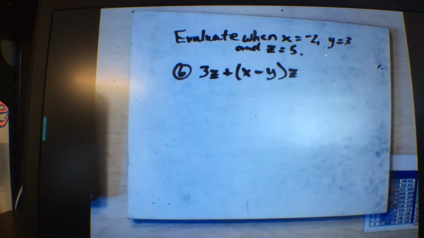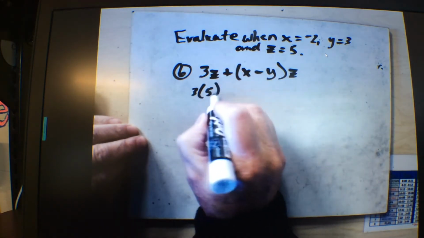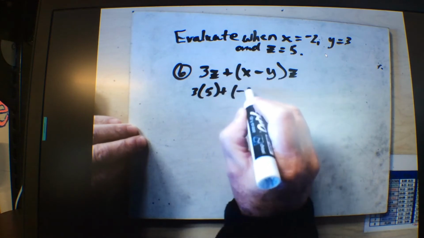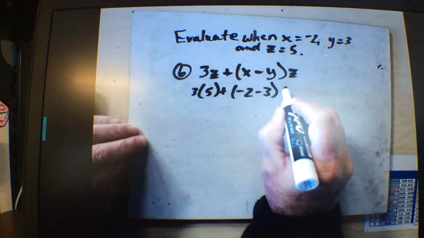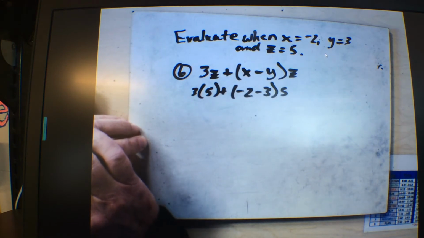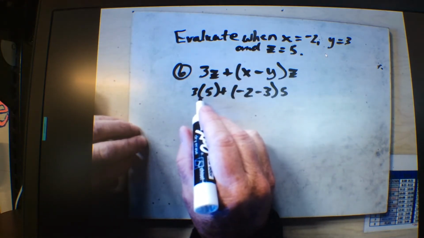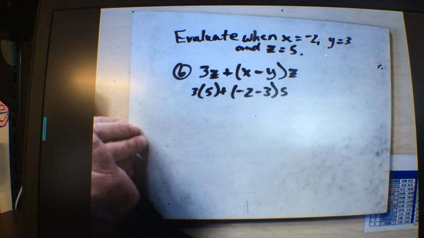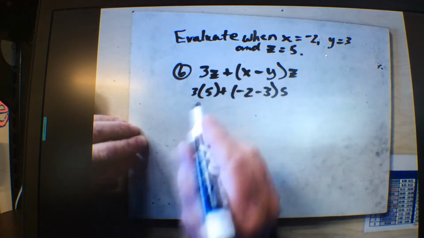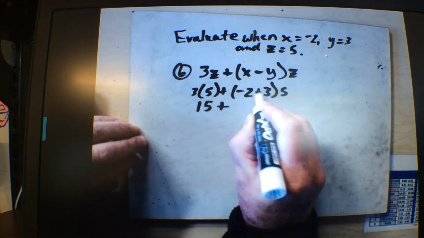Okay, the first thing I do is substitute in, correct? So I take 3 times 5 plus negative 2 minus 3, times 5 on the outside, correct? So what is done first? Caden? Parentheses. Okay, I do the parentheses first. Can I do this multiplication first too? Because it's away from it? I can, it doesn't hurt anything. So what is 3 times 5? 15 plus, and then I'm going to change this to plus and negative, right?